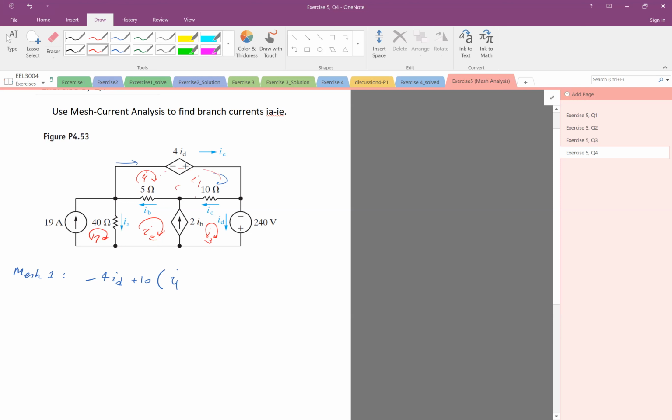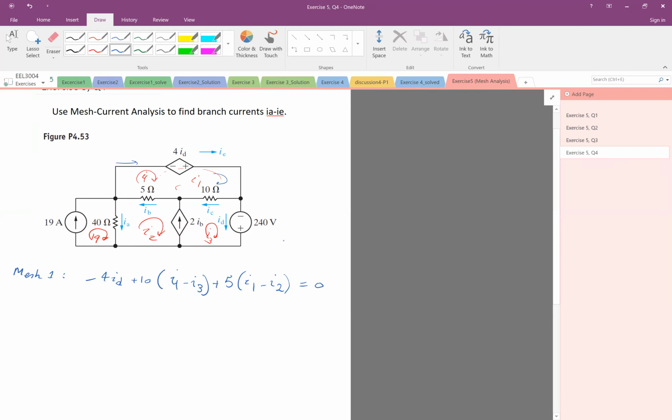I1 here, and then I3 from this mesh going the other side. And then 5 times the current, again I1 minus I2 equals 0.